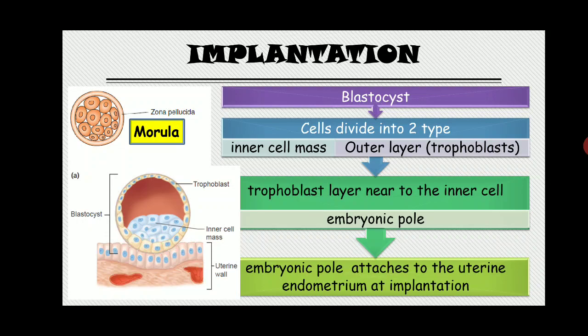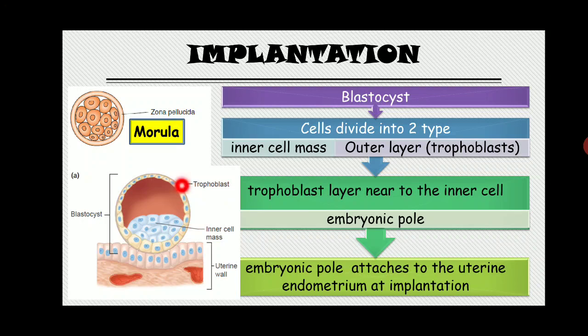Got it? So eventually this embryonic pole region of the trophoblast and the cytotrophoblast, the inner cell mass, will make the placenta, right? This trophoblast that is situated outside is known as the syncytial trophoblast, which we discuss in our next slide.